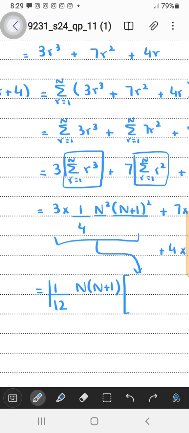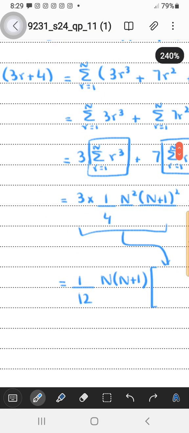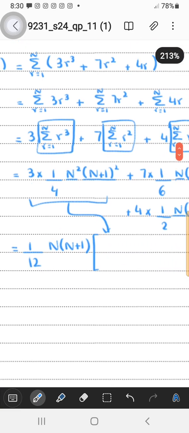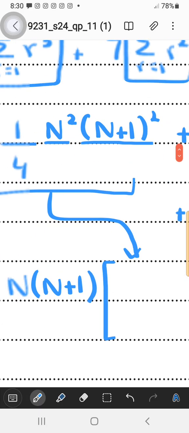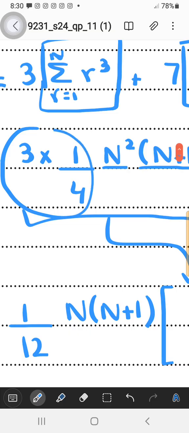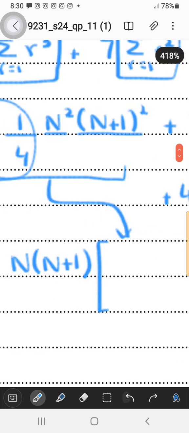Okay, so 1 upon 12 is taken common. 1 upon 12 multiplied by x is equal to 3 upon 4. As we want 3 upon 4, which number will get multiplied to be equal to 3 upon 4?